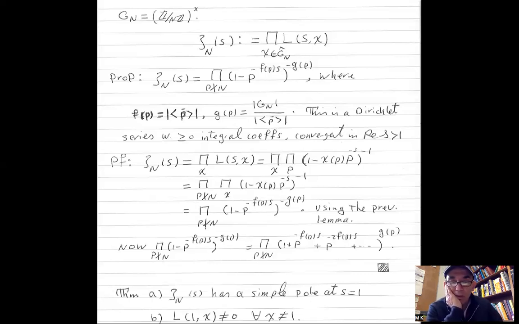Now, here is the crucial theorem. This is the major theorem. It has two parts. The first part says this Xn of s has a simple pole at s equal to 1. And the second part is the golden theorem that we need. I always mention that this is what eventually is going to be needed, namely L of 1 and chi is different from 0 for any non-trivial character.